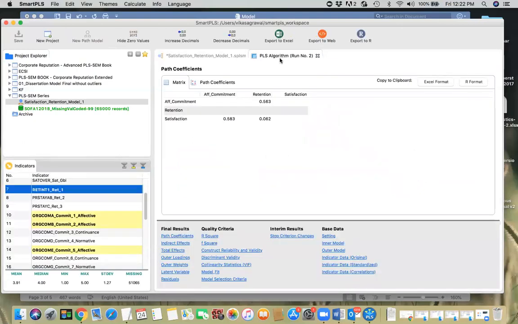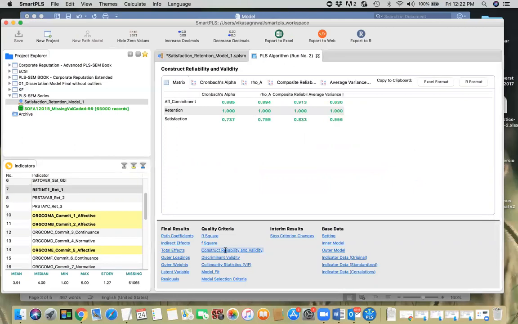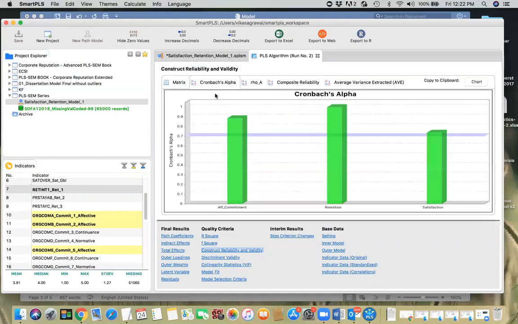For that, we have to go to PLS algorithm run, and look at the construct reliability and validity here. You can see the Cronbach alpha here. This plot tells you that the minimum required is 0.7, and all the 3 constructs are satisfying that cutoff value of 0.7, which means they are highly reliable.